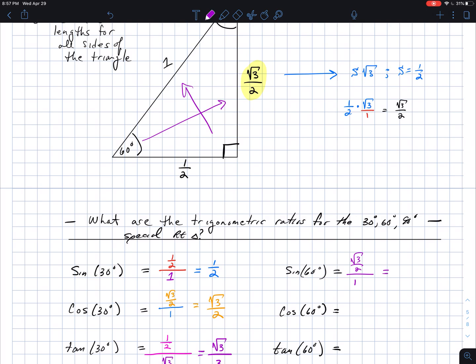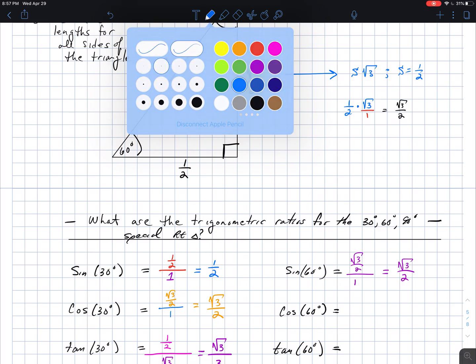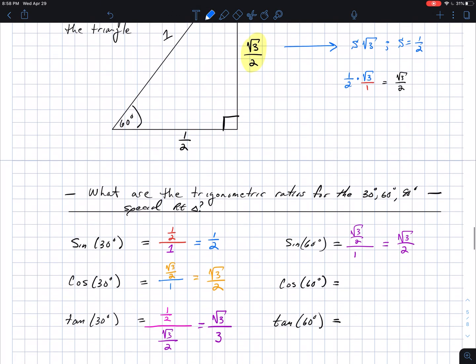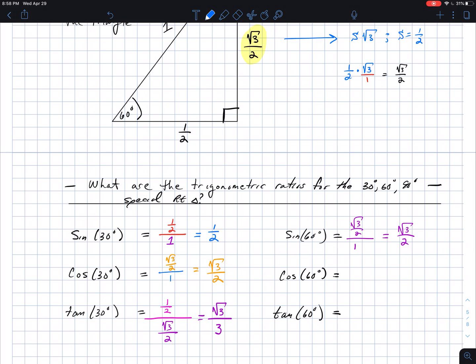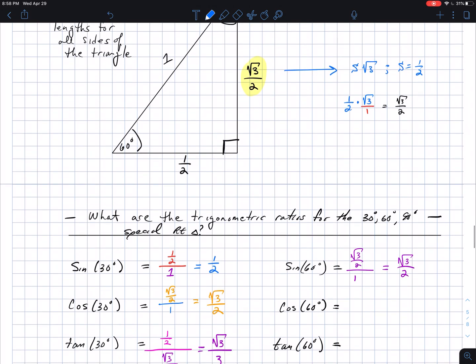So the sine of 60 is root 3 all over 2. Okay. What's the cosine of 60? Well, the cosine of 60 is adjacent over hypotenuse.